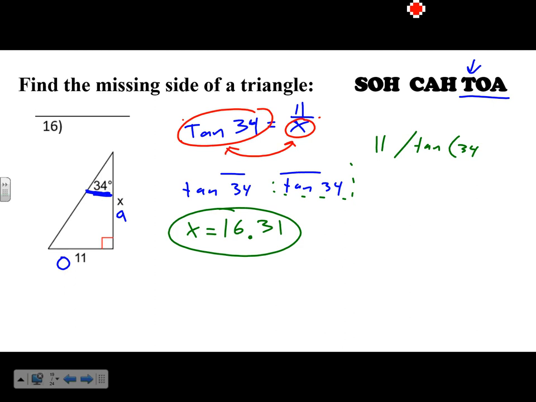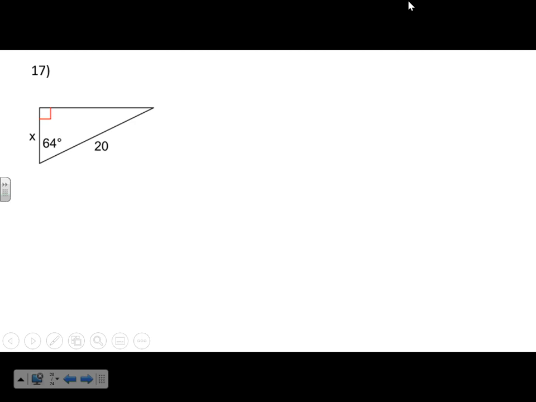That's literally what I just did. That's what I showed you guys. X is equal to 11 over tangent of 34. That's just kind of a shortcut. And that works with anything. If you ever have a fraction and your denominator is the variable, you can always switch it with the other side. So that's a little shortcut for that one. But again, once you know SOHCAHTOA and you know which function to use, this really isn't too bad.